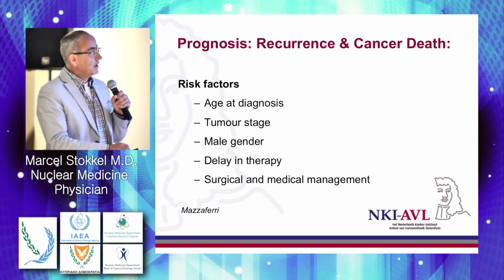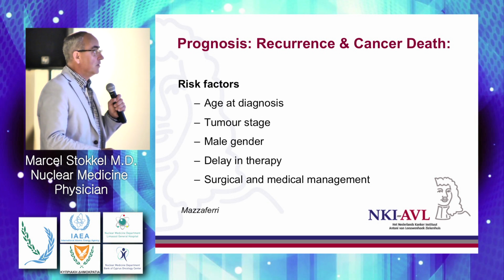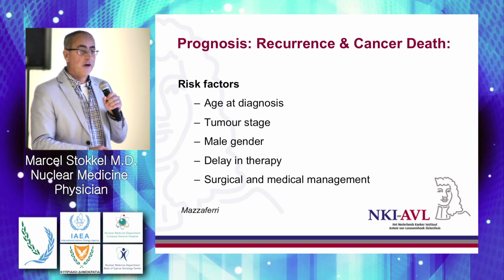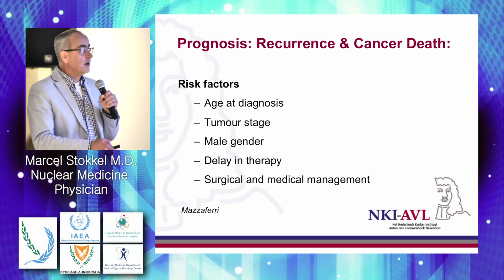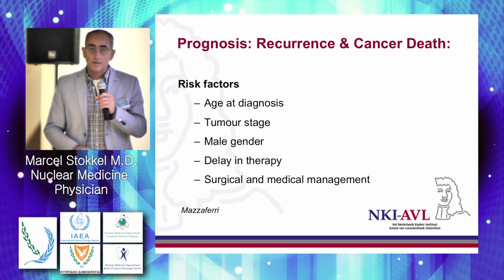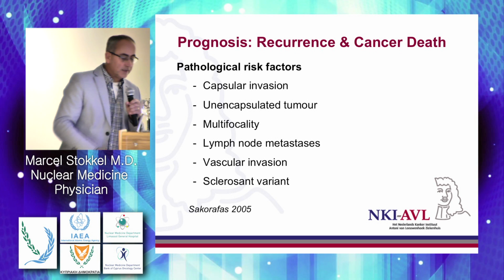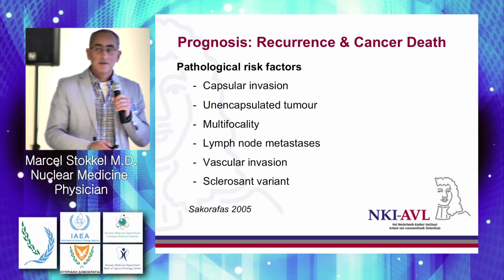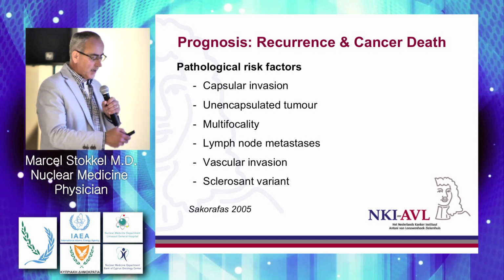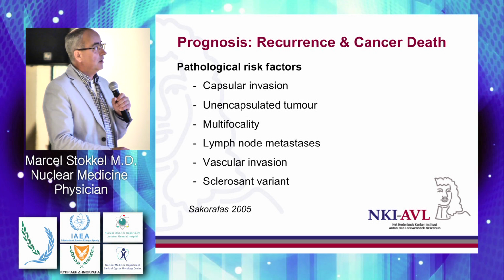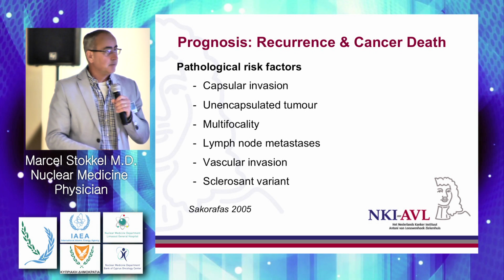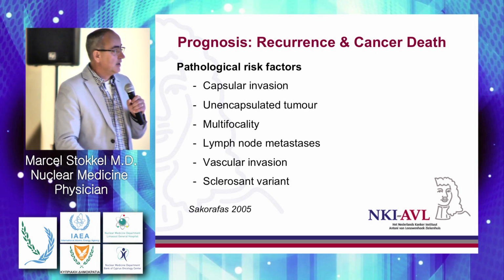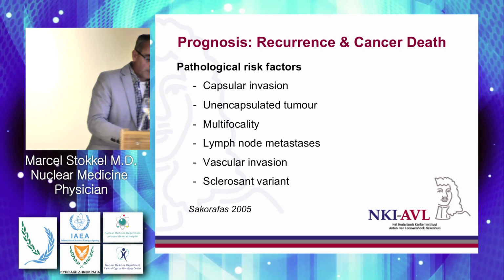Regarding the most important risk factors, we know age at diagnosis, tumor stage, male gender, but also delay in therapy and optimal surgical and medical management are highly correlated with the overall outcome of the patient. And when we look at the pathological risk factors, as already shown by Xavier: capsular invasion, unencapsulated tumors, multifocality, lymph nodes, but also, of course, distant metastasis, vascular invasion, and the sclerosing variant.